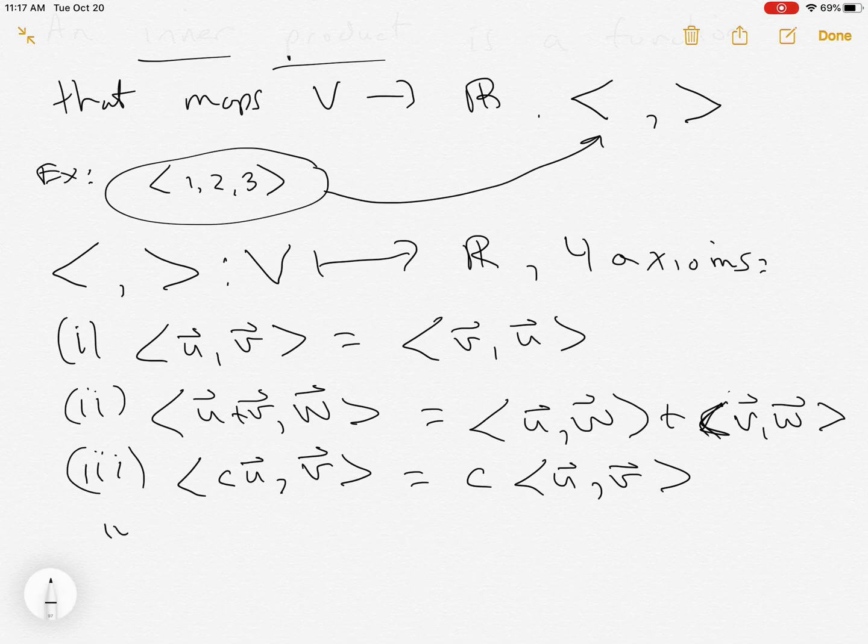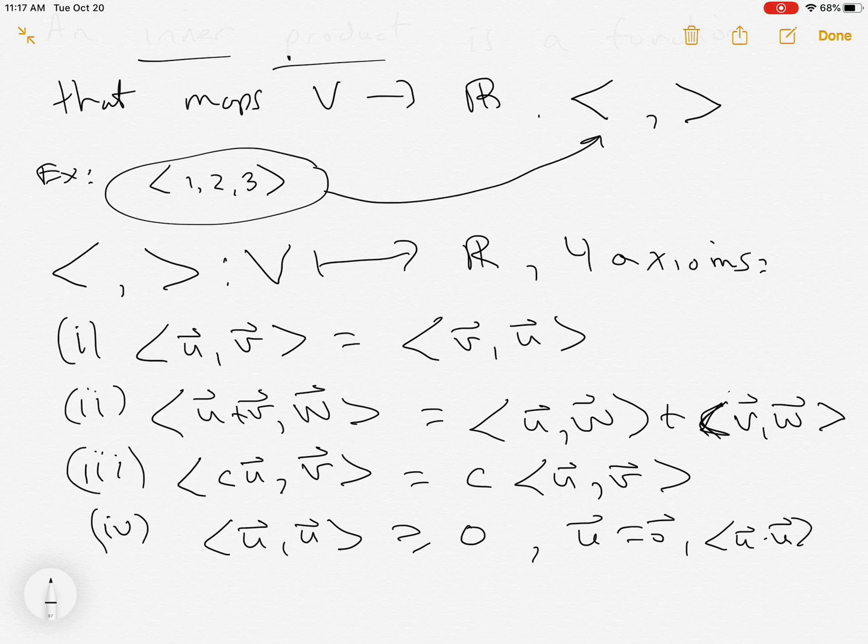And then 4, the inner product of a vector with itself has to be non-negative, and if u equals the 0 vector, then the inner product is 0.